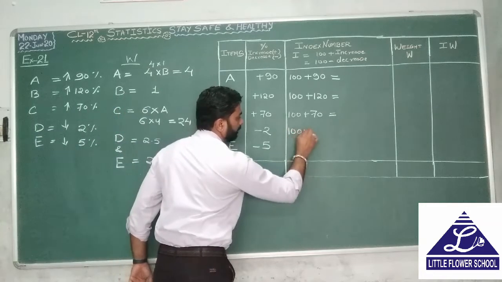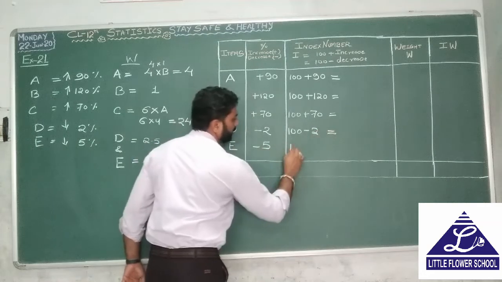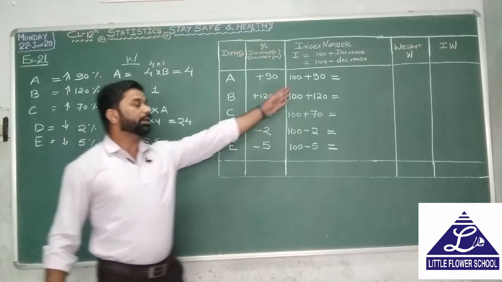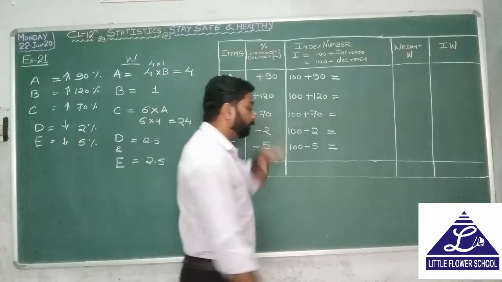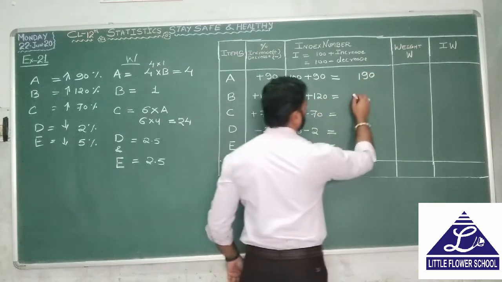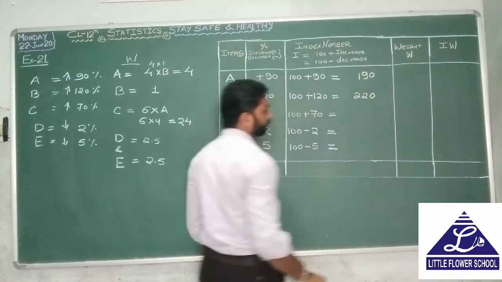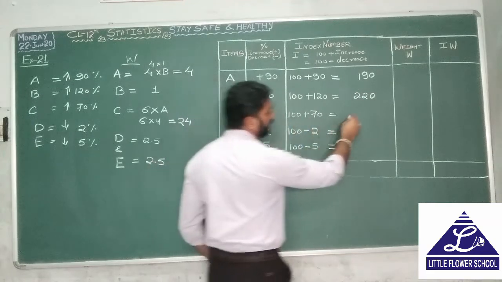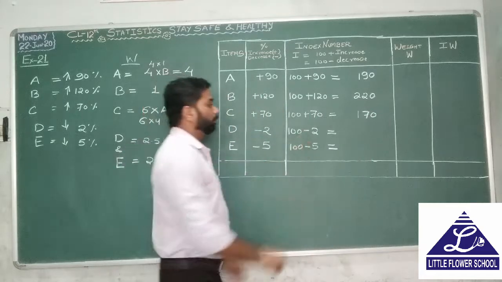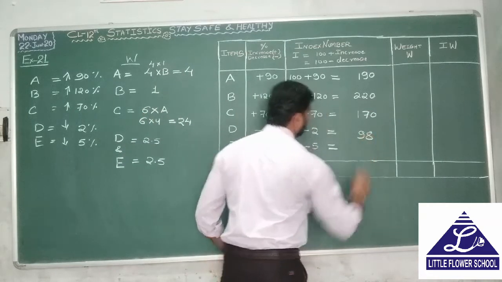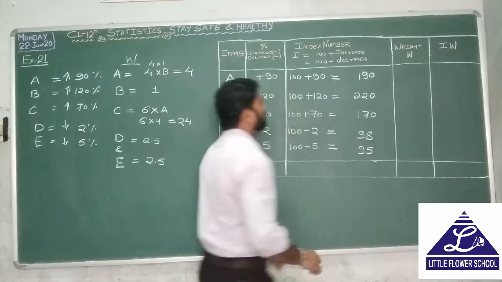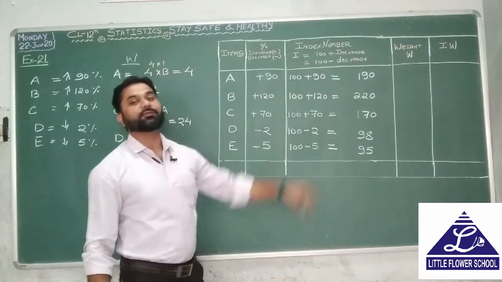So 100 minus 2 and 100 minus 5. Now 100 plus 90 is 190, 100 plus 120 is 220, 100 plus 70 is 170, 100 minus 2 is 98, and 100 minus 5 is 95. This is the index number we have calculated.